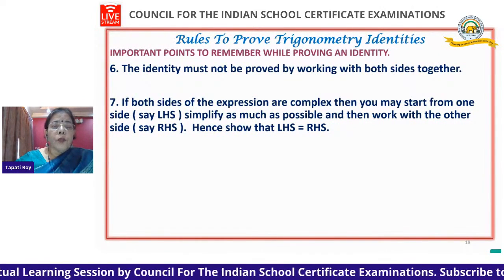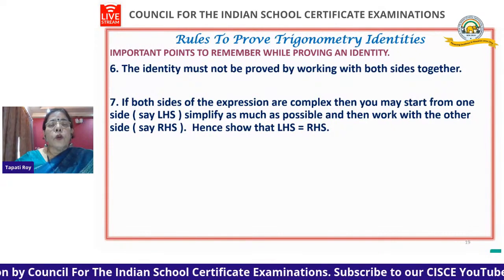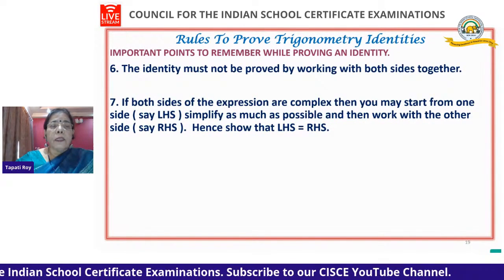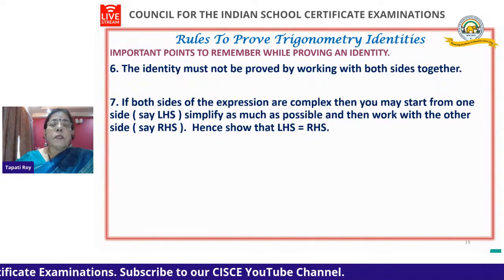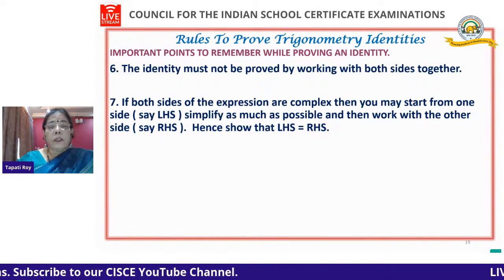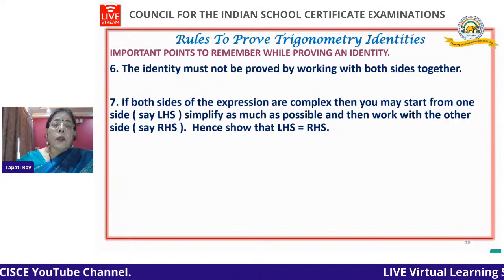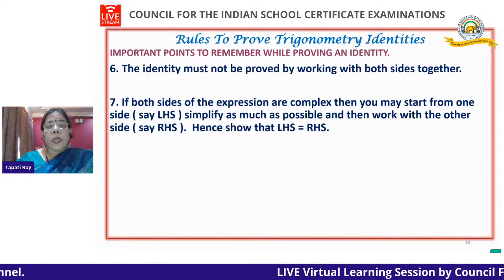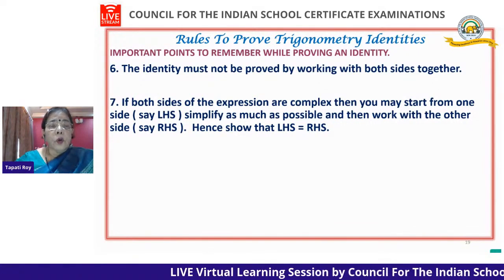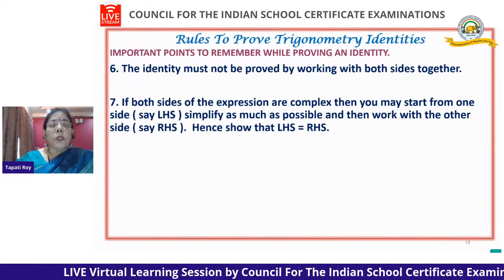So even in number 4, when you saw the example, we could start from any one side, simplifying as much as we can and simplifying the other also and coming to a common expression.